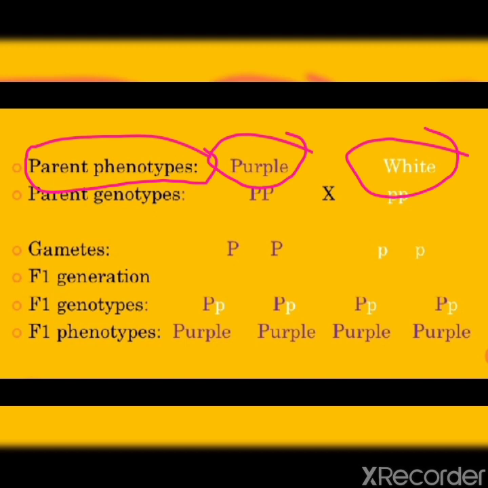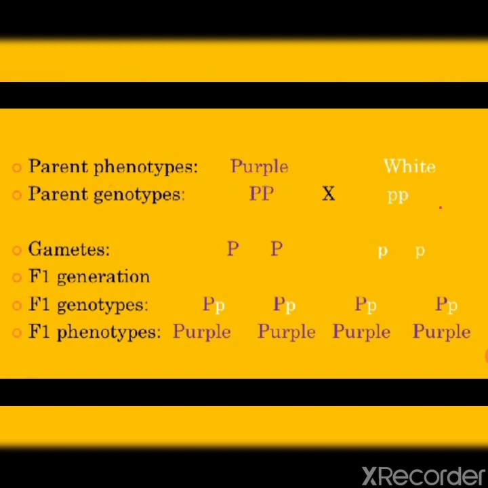As per his rule, he wrote purple as capital P and white as small p. Is it clear? Because this is a recessive character, we write the recessive character in small letter. So white is the recessive one, and for white we write small p.